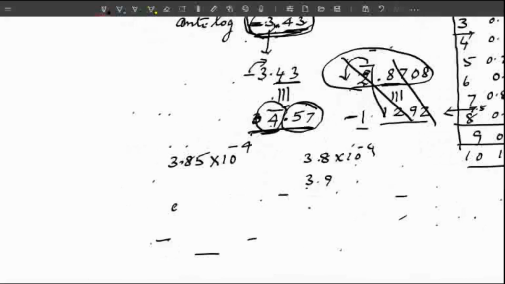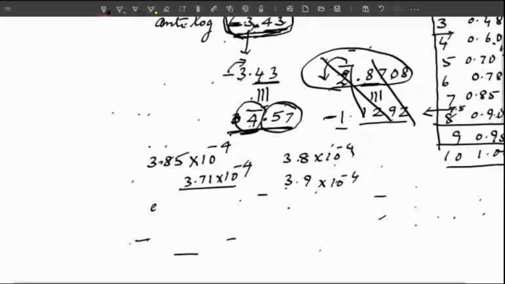What is the actual value for this? Antilog of this one, anybody? Antilog of minus 3.43. 3.715. 3.71 into 10 power minus 4.